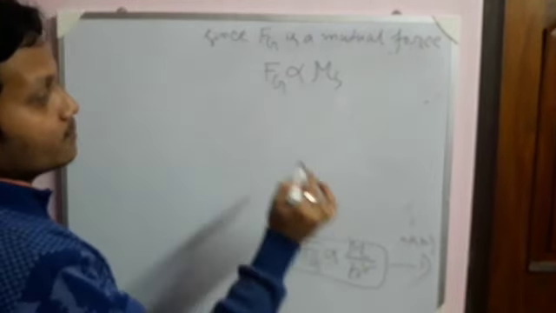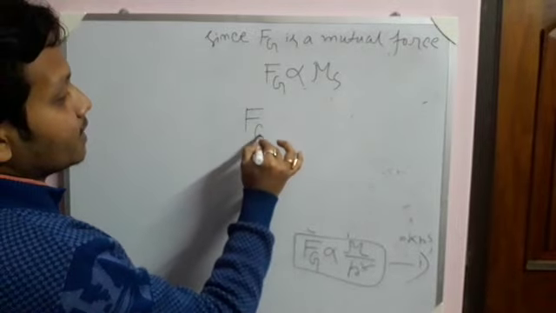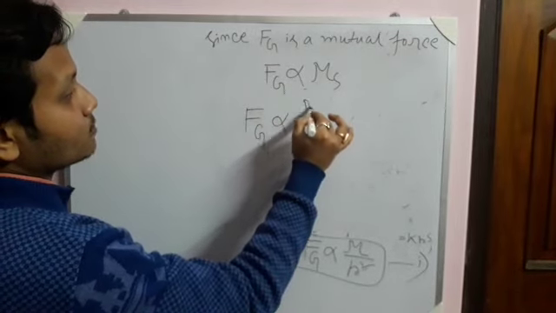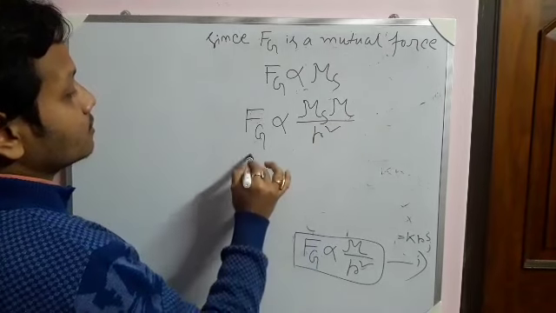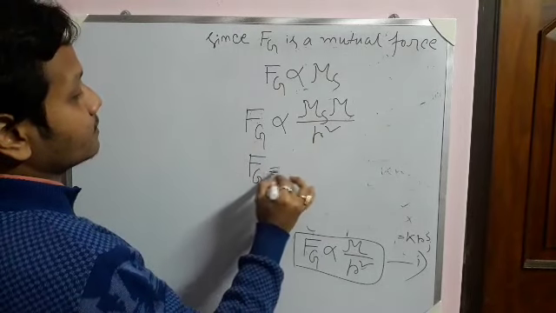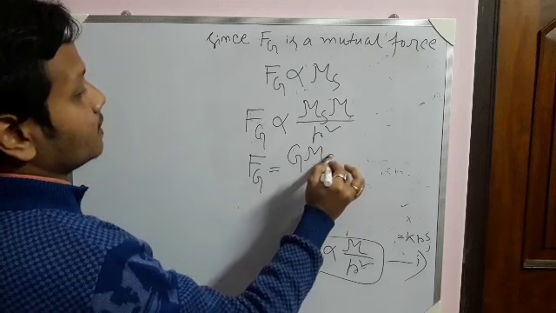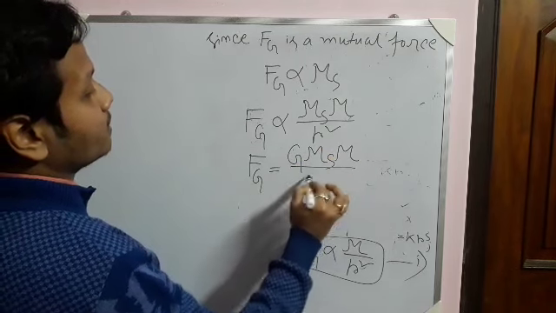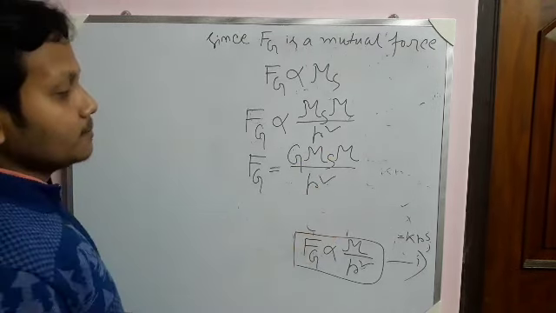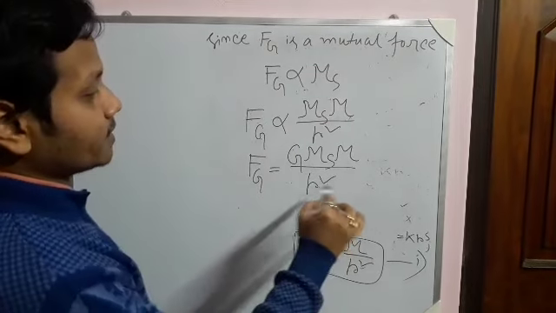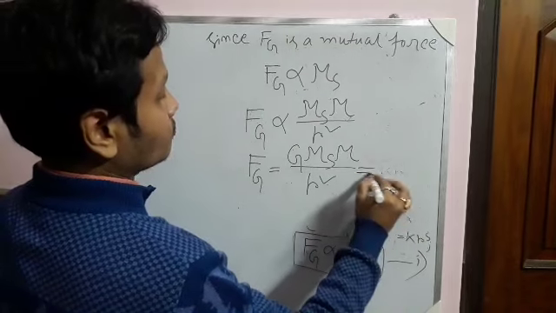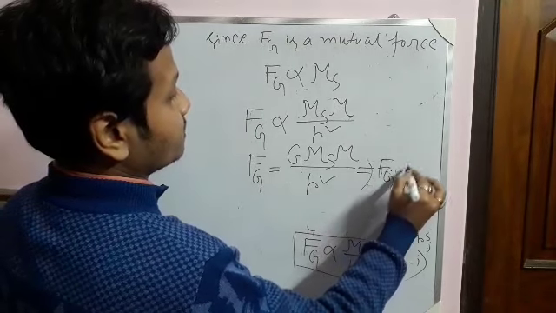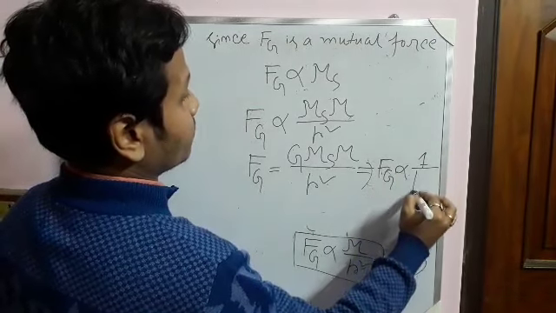So what we can write by combining these two? We can write Fg is proportional to mass of sun into mass of earth upon r square. So we can write Fg equals G ms into m upon r square. So this force of attraction obeys the inverse square law of force, that is Fg is proportional to 1 upon r square.